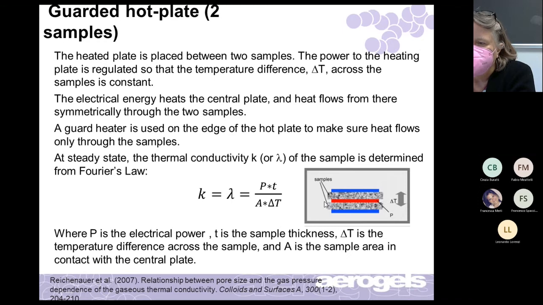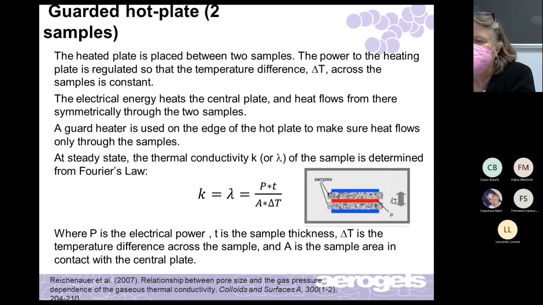It's an energy balance. And at steady state, you can calculate the thermal conductivity, K or lambda, whichever symbol you prefer. From Fourier's law of heat conduction, assuming all of the power that goes into that plate is conducted through, it is equal to the power times the thickness of the sample, divided by the sample area, divided by the temperature difference you measure across there.